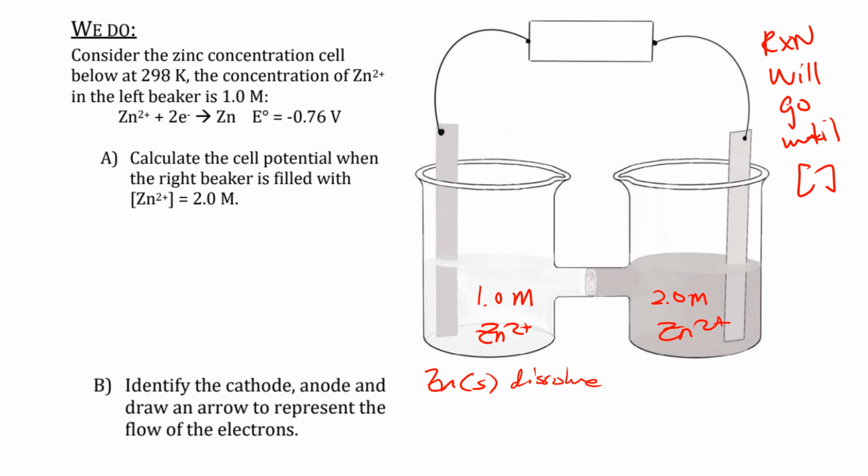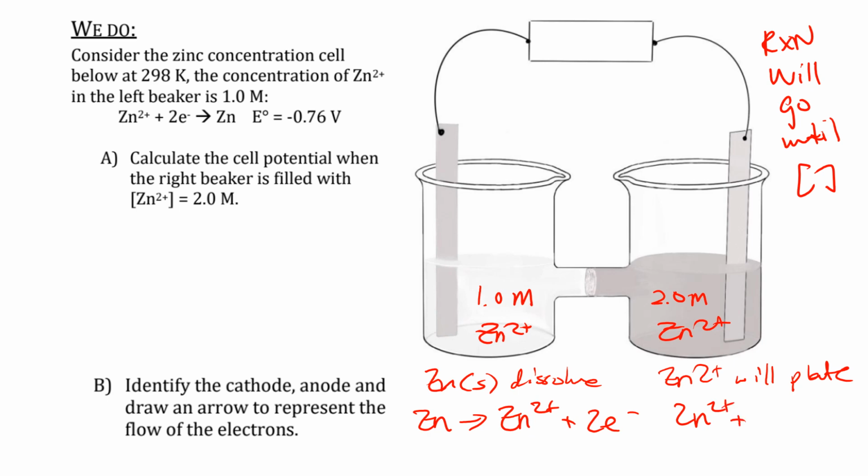Over here, the zinc 2+ will plate, meaning it's going to add to the electrode so that there's less in the solution and more on the actual electrode. The zinc 2+ on the right side will actually become solid.